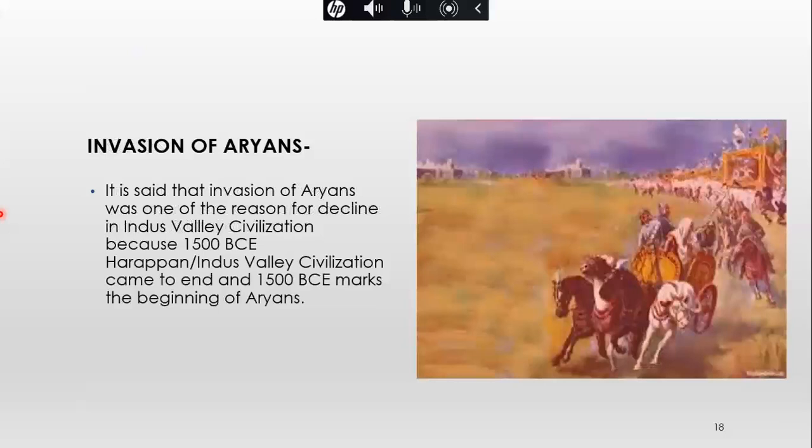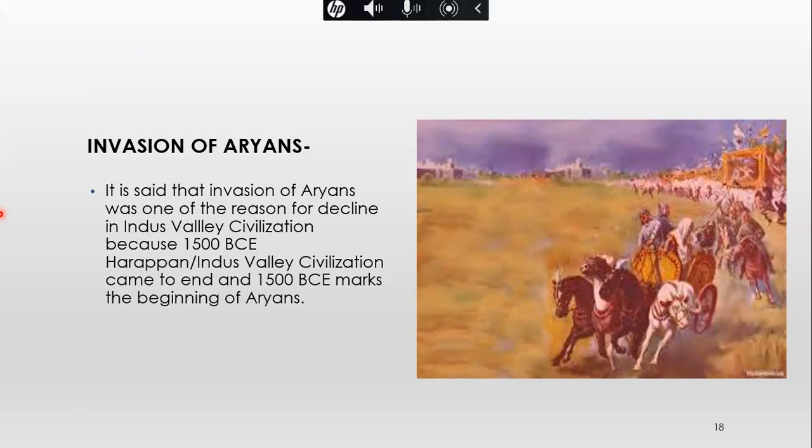And the third reason is the invasion of the Aryans. One theory suggested that a nomadic Indo-European tribe called the Aryans invaded and conquered the Indus Valley civilization, though more recent evidence tends to contradict this claim.